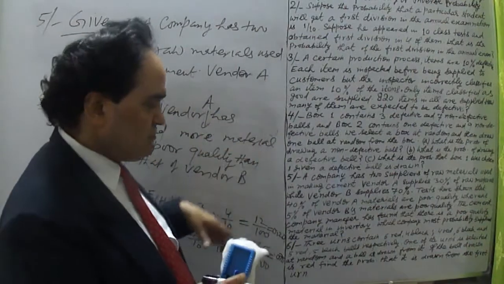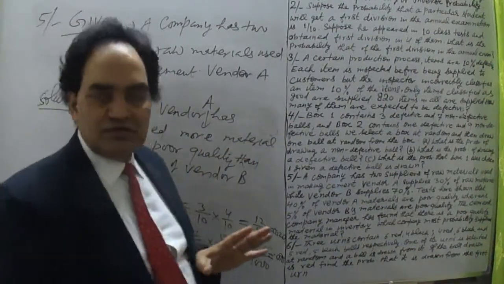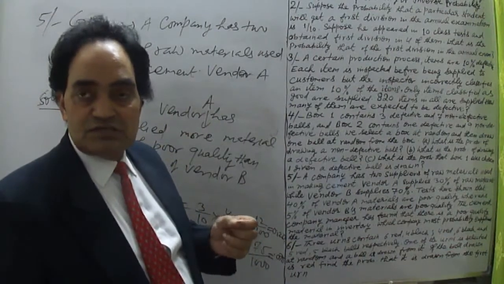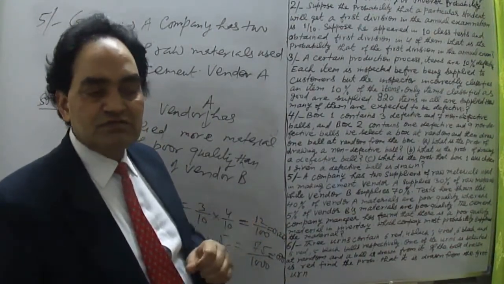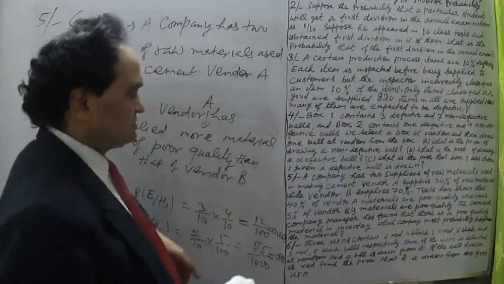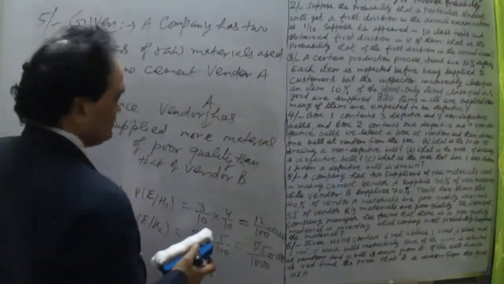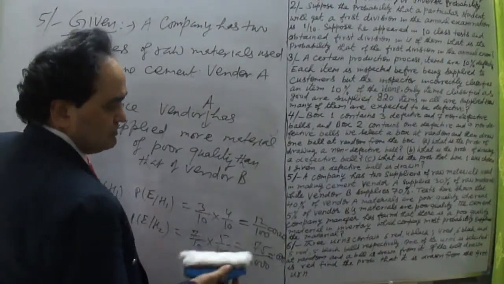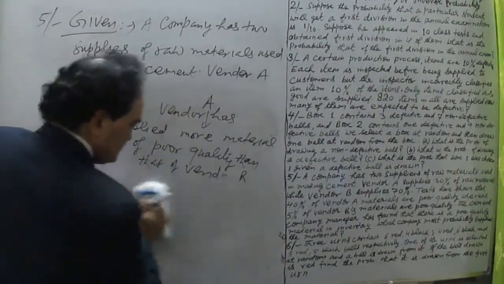He is supplier of 30% material only, 70% is supplied by B, but B's material is only 5% defective, and A's material is 40% defective. So that person has supplied more poor quality material, and that is the answer here.